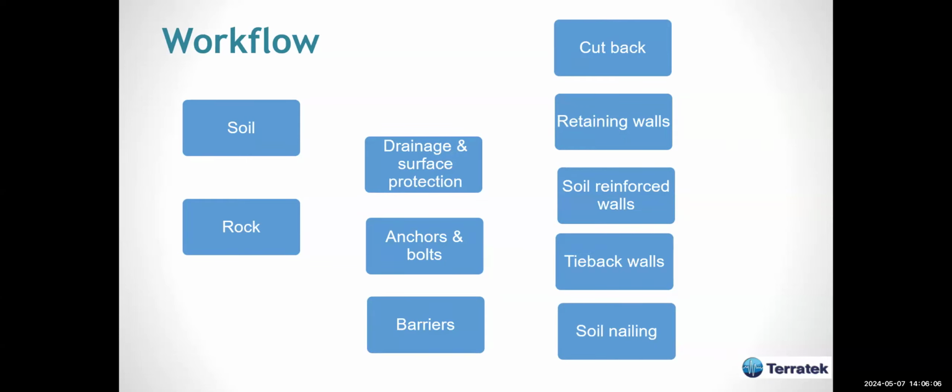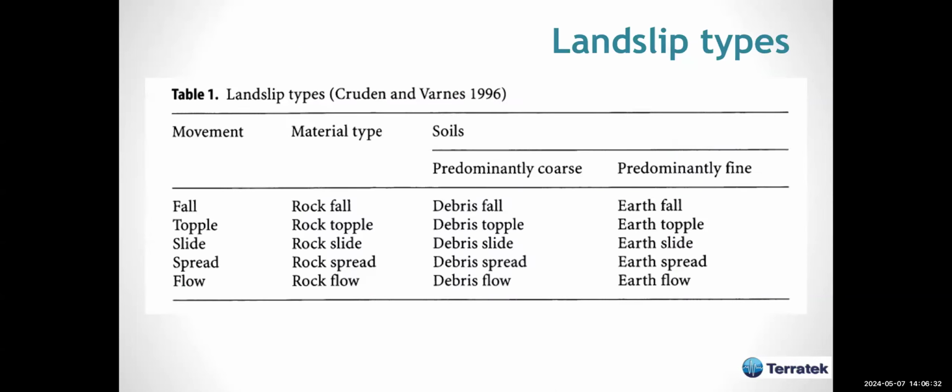And then we have lots of solutions for the slope, like cutback, retaining walls, soil reinforcement walls, tied back walls, and soil nailing. These are the main solutions in order to stabilize the slope. And then once we come up with a design, we have to think about instrumentation and alarm system, which is going to be addressed in our last lecture, the 5th lecture, okay?